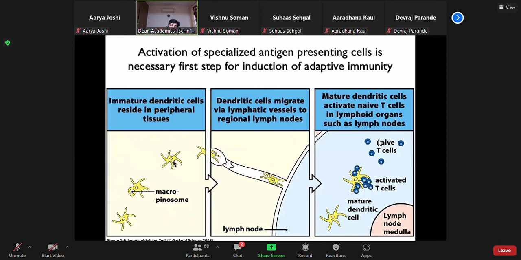These APCs then migrate from these peripheral tissue sites to the draining lymph node, okay, through these afferent lymphatics. So they get into the lymph node where you can find the antigen-specific T cells, okay, and this scanning has to actually take place, okay.